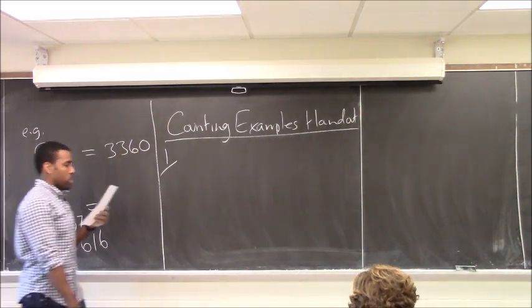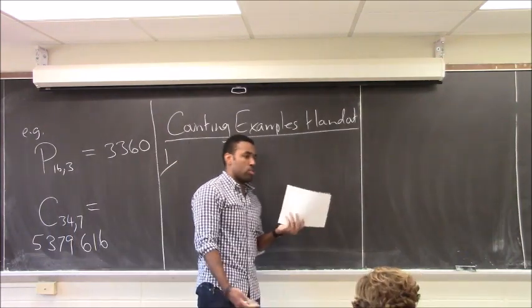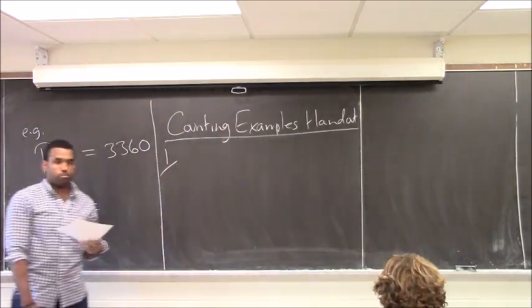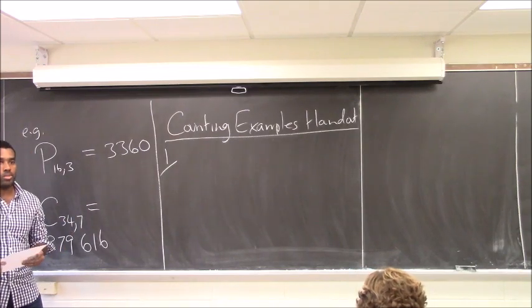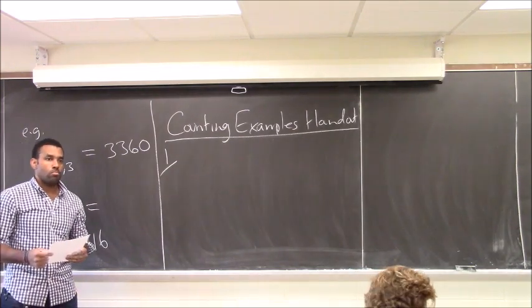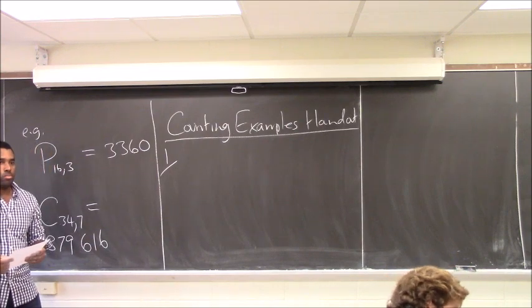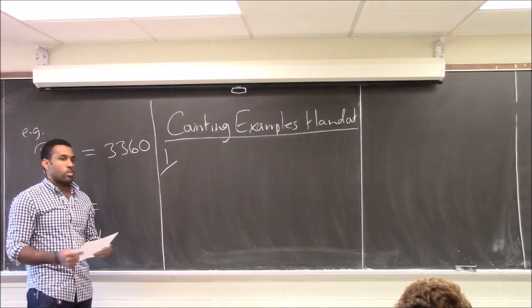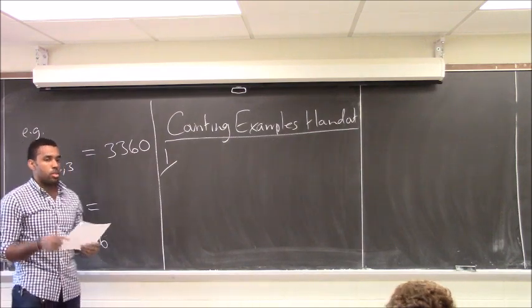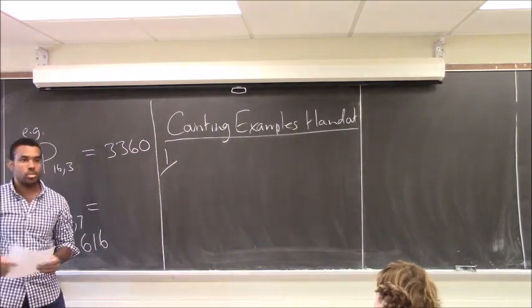Let's suppose you have 3 shirts and 2 pants. How many possible outfits can you create? 6. Why? Because you can do it with 3 shirts and 1 pants, and 3 shirts with another. Sure. Why 6?